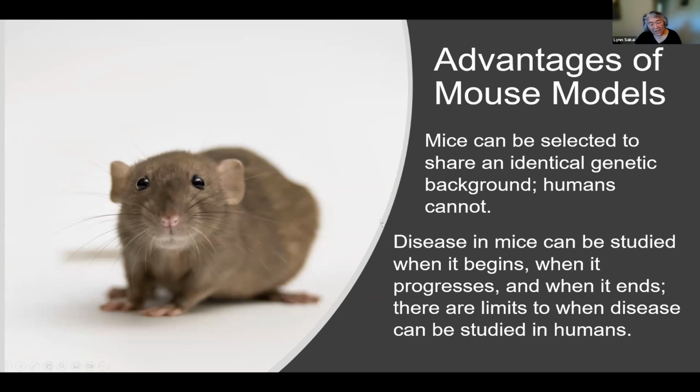The second advantage, which I think is really significant, is that if we can model disease in mice, we can look at when disease begins, when and how it progresses, and when and how it ends. If one only works in humans, there are certain practical limits to how humans can be studied. With mice, we can intervene or conduct experiments at any time during the lifespan of the mouse. So those are the two basic advantages.